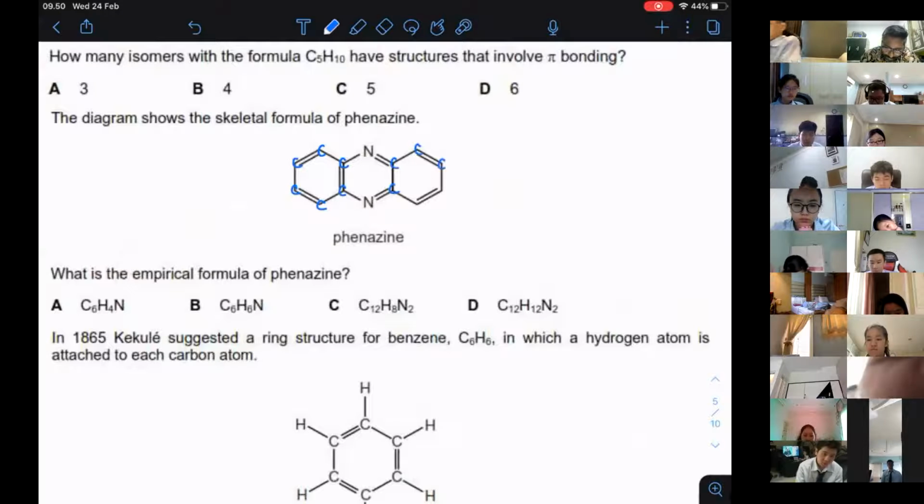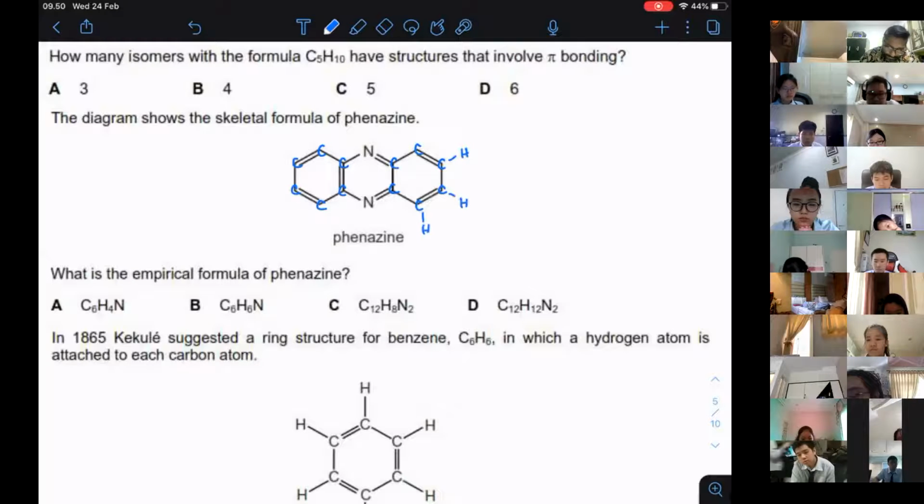You put in all the carbon, and then you include the hydrogen. Each carbon must have 4 bonds, so hydrogen, hydrogen. This one is all balanced, all 4. Each nitrogen must have 3 bonds, so they are okay. This is hydrogen, hydrogen. I hope you understand what I'm doing.